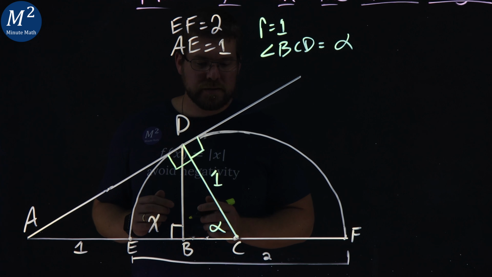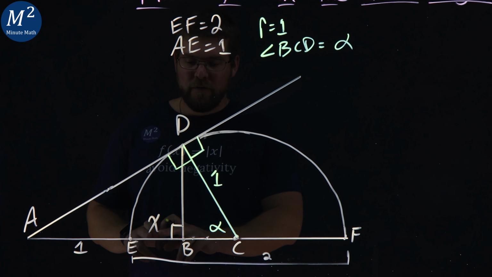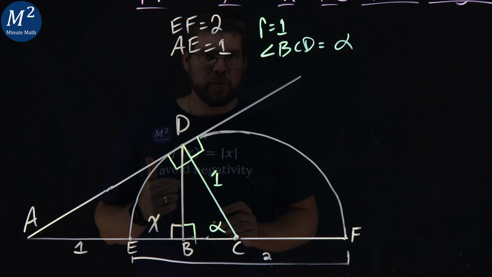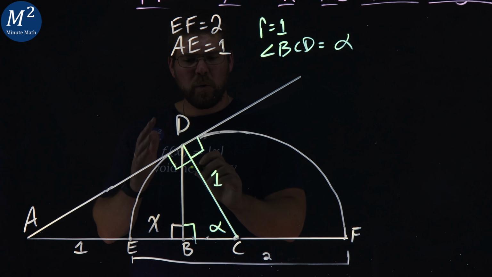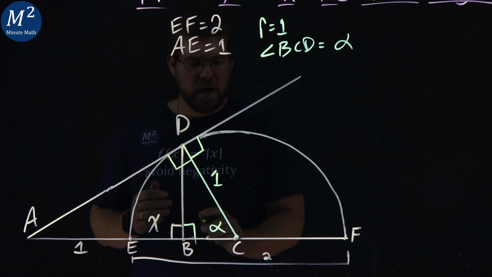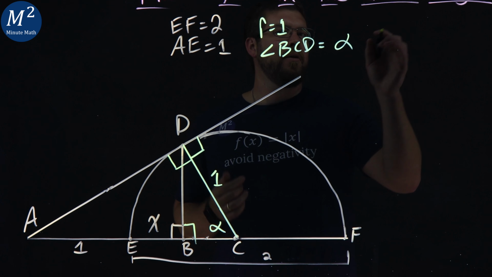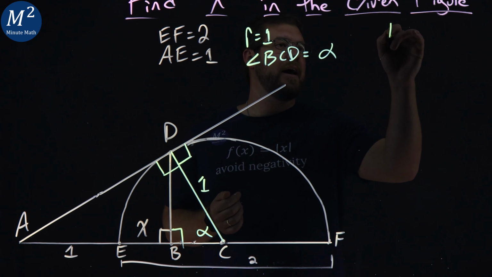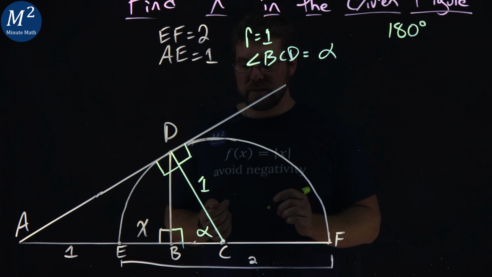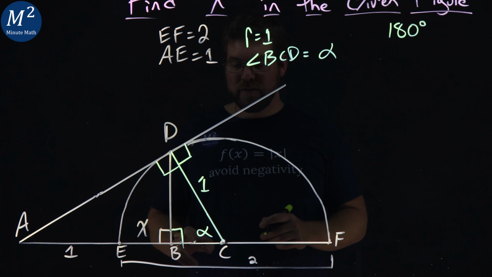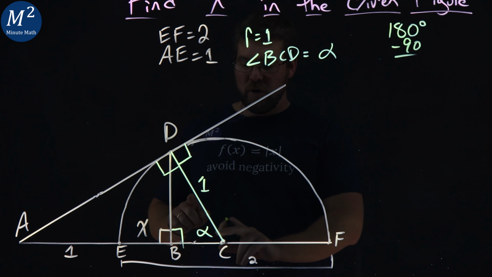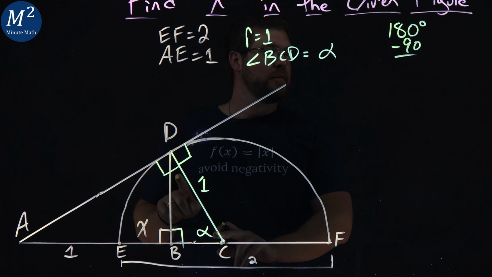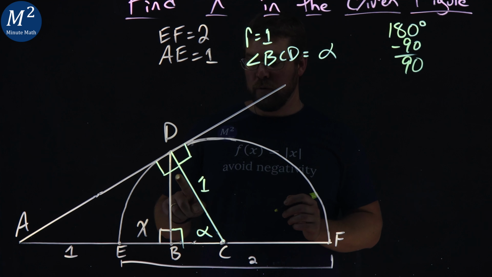Now watch this. If we have a right angle here, EBD, DBC is also a right angle. So what about this little section here? The whole thing is 90 degrees, but we know that the sum of the interior angles of every triangle has to add up to 180 degrees. So if this is 90 degrees right here, we minus a 90, and the other two corners have to add up to 90 degrees.